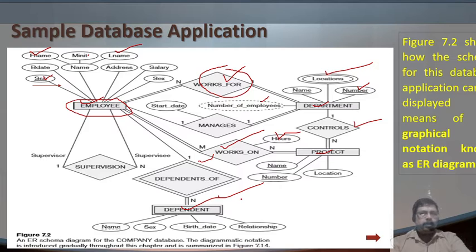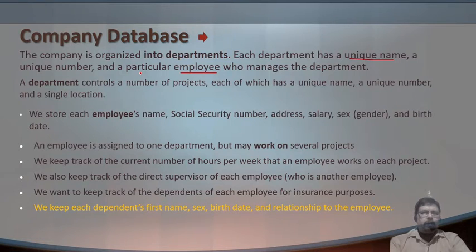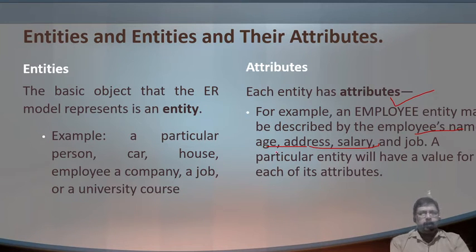Both the company database and the ER diagram notations we will keep together and discuss. Now what we are discussing is that all the objects, components or symbols we have placed each represent a different naming. So that is what we are discussing. Entity means a real life object such as employee, department and so on.